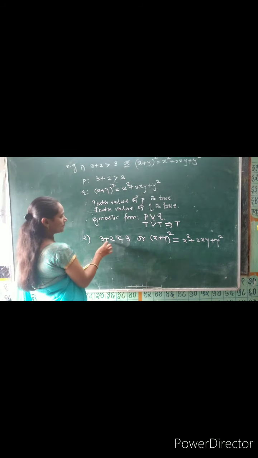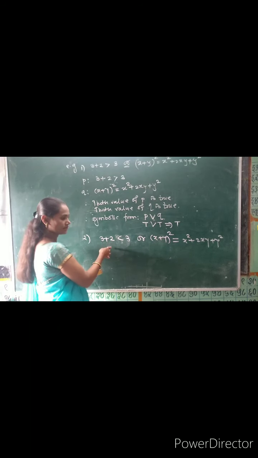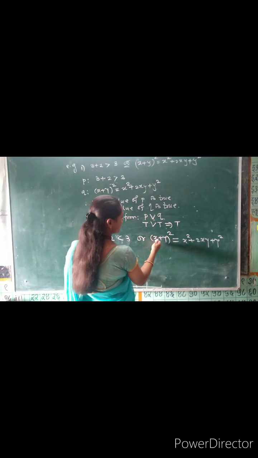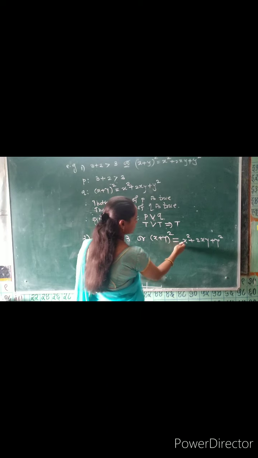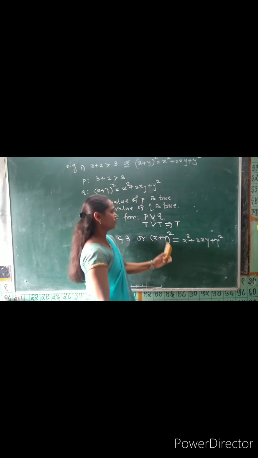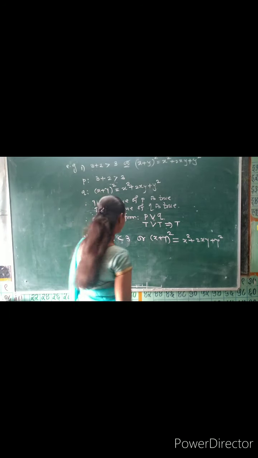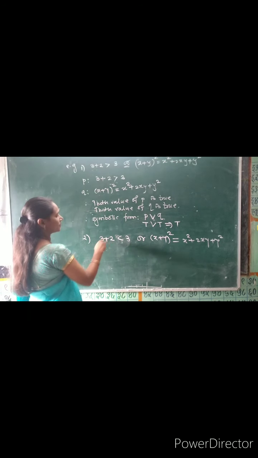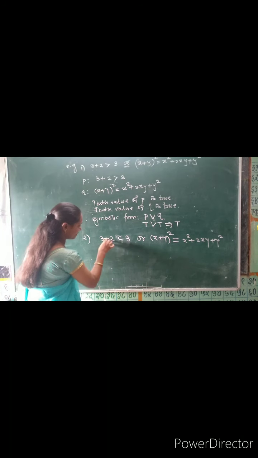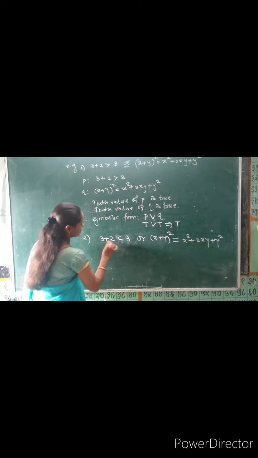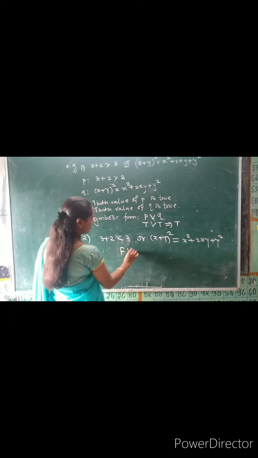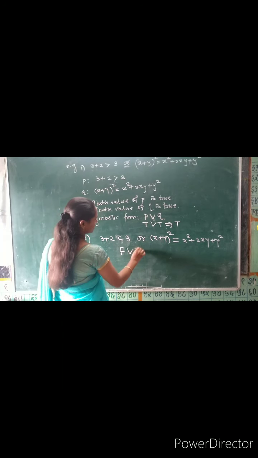Here the first statement, 3 plus 2 is less than 3, is a false statement, and the second statement, (x plus y) square equals x square plus 2xy plus y square, is a mathematical identity which is true. Symbolically, the truth value of our first statement is F, joined by "or", and the truth value of our second statement is true.